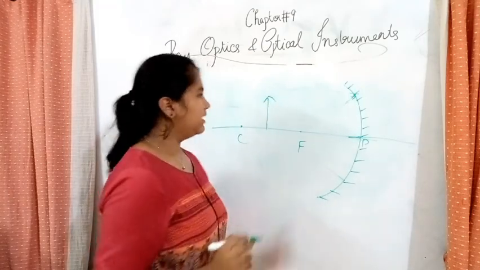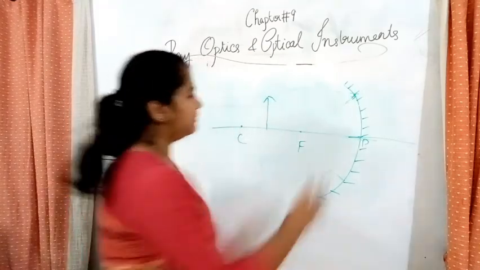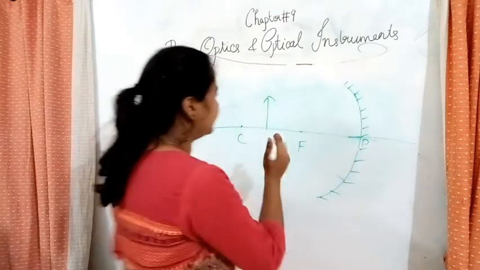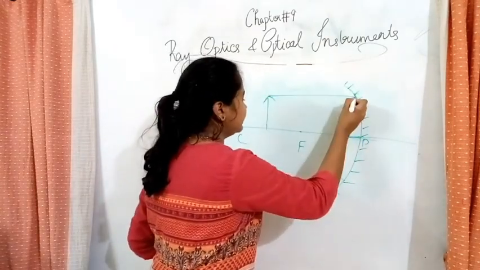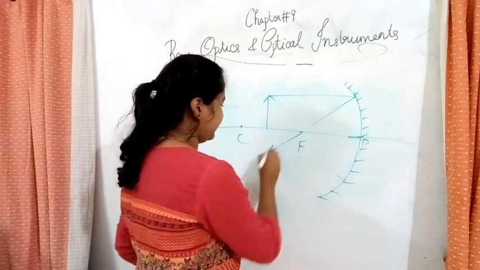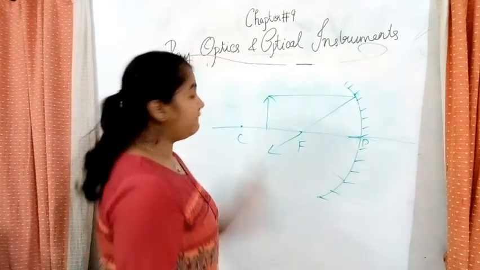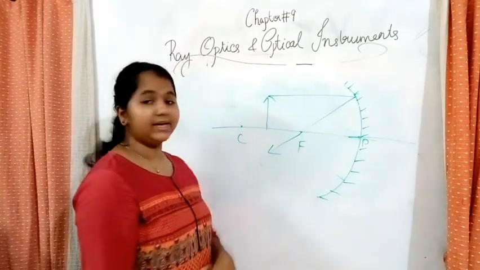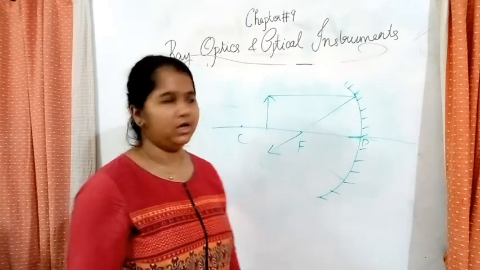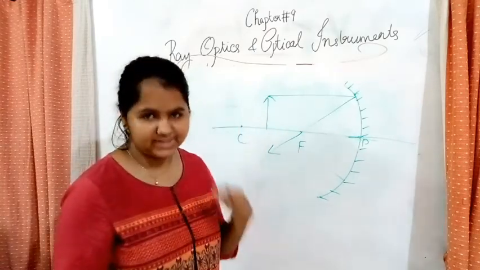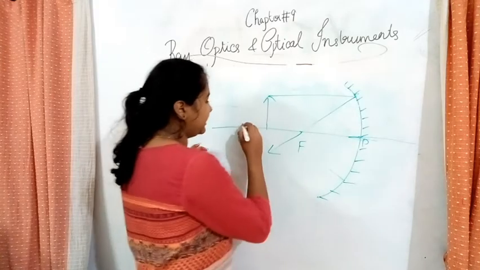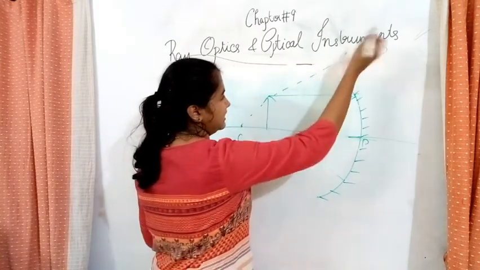Am I right? Yes. So, as before, we are taking the same ray, which is parallel to the principal axis, falling through the focus. Am I right? And over here, how would you take a line that passes through the center of curvature? It seems to pass through the center of curvature. Is that what we can take? So, let's take it like this. Am I right?